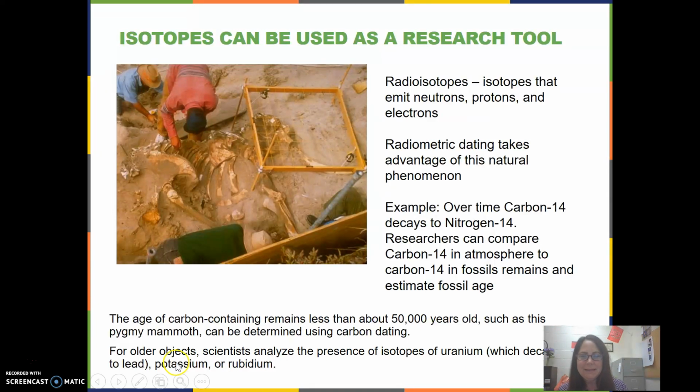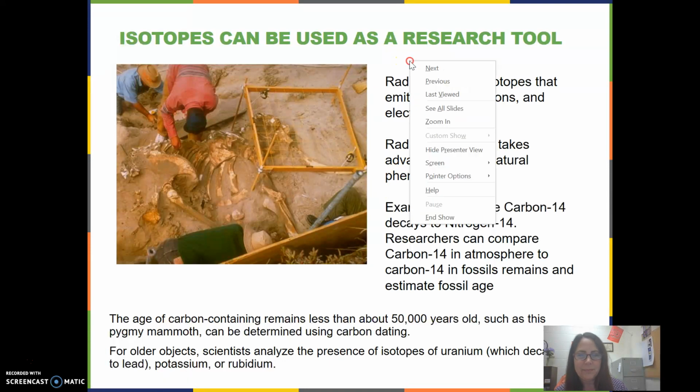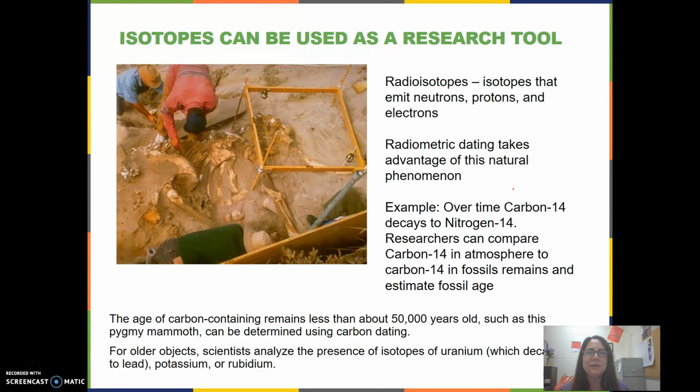So here is a slide showing an example of isotopes being used in research. The isotopes that are used in this case are radioisotopes. Radioisotopes are isotopes of an element that emit radiation in the form of neutrons, protons, and electrons. So when these radioisotopes emit radiation, we say that they decay.